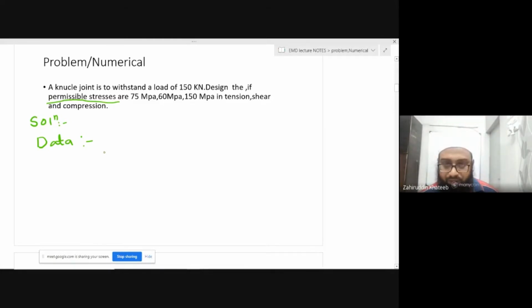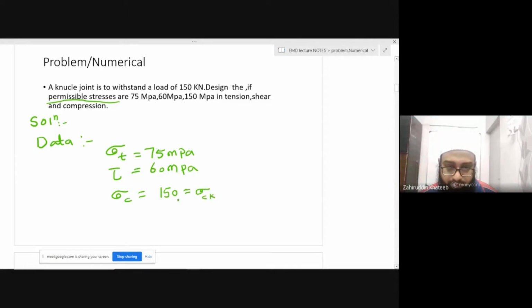We have to directly take this data: sigma t is given as 75 MPa, and tau is given as 60 MPa. Then sigma c is given as 150 MPa, and you all know that sigma c is a parameter to check crushing.